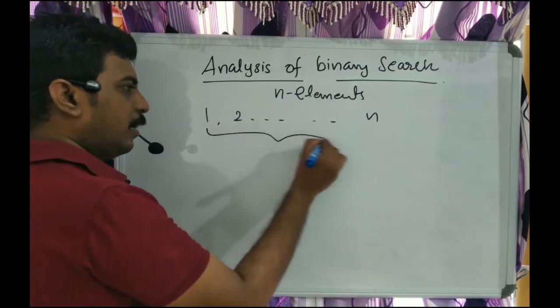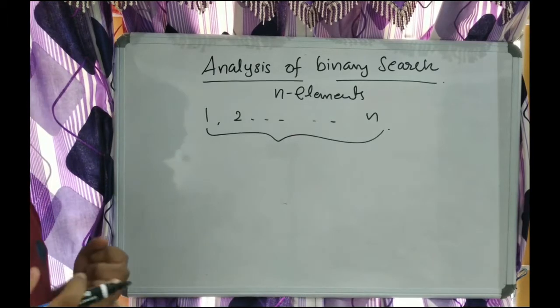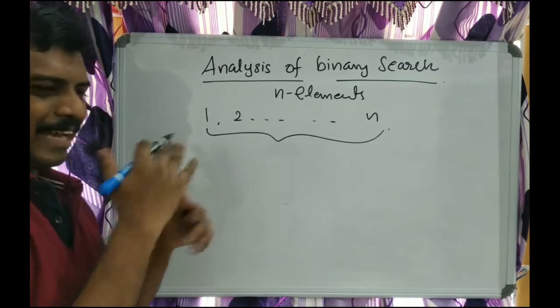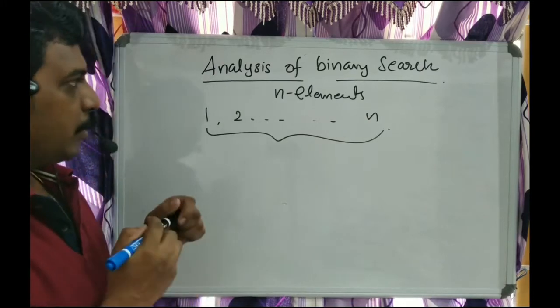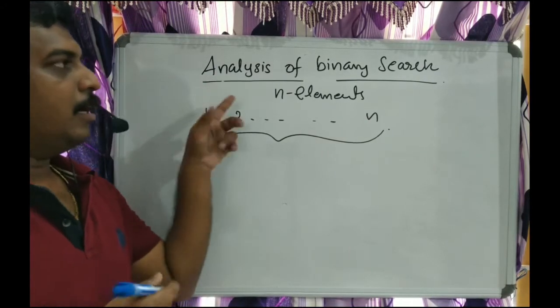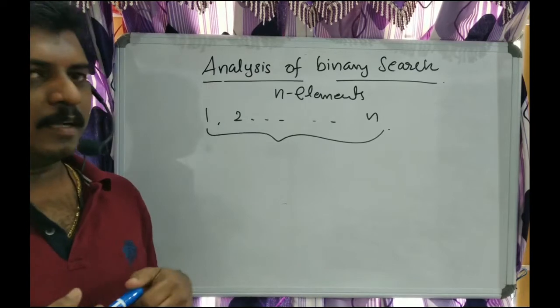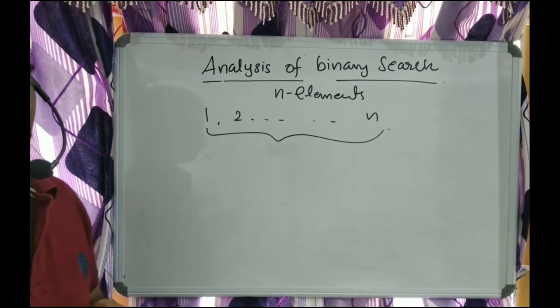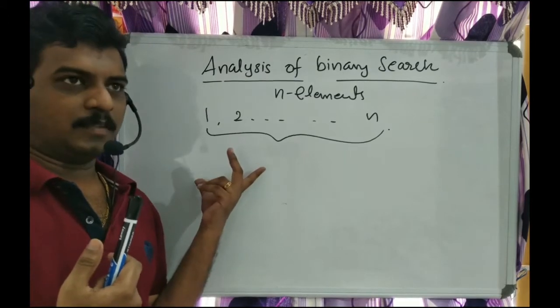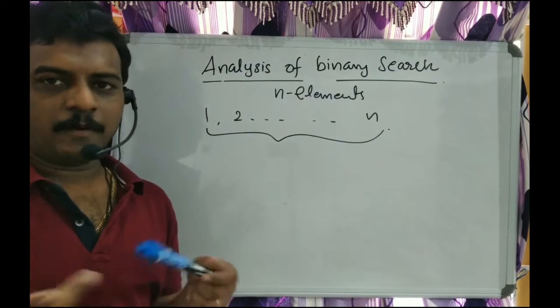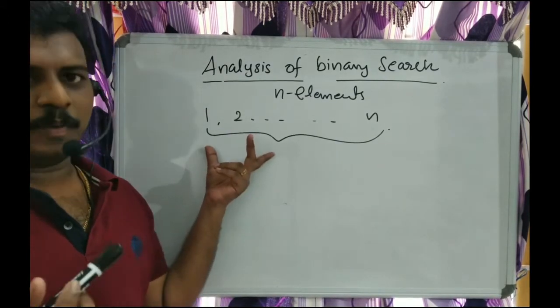This binary search algorithm is a recursive algorithm, so in order to find the performance of this algorithm, you should find its recursive nature. Then we can easily find the recurrence equation for binary search.